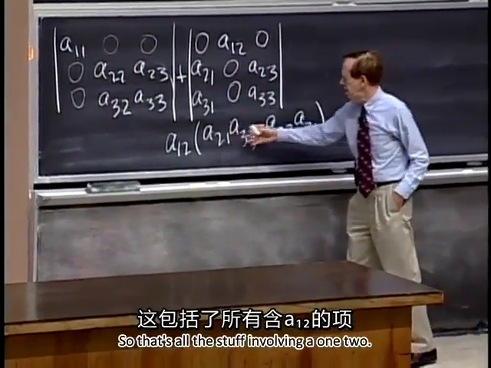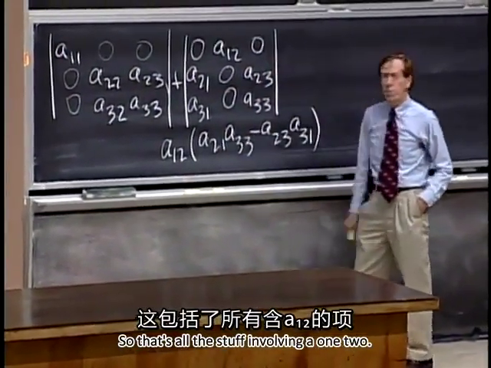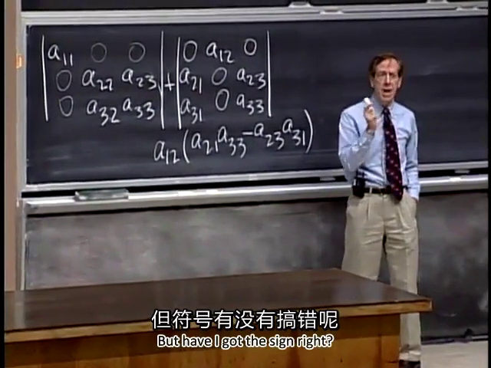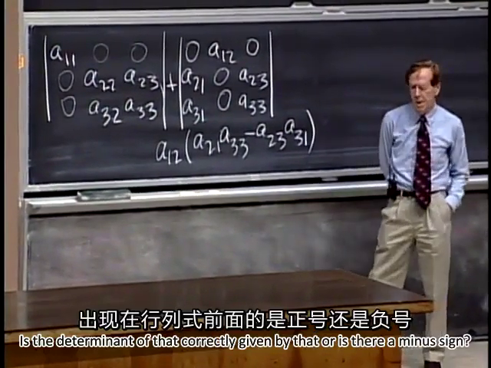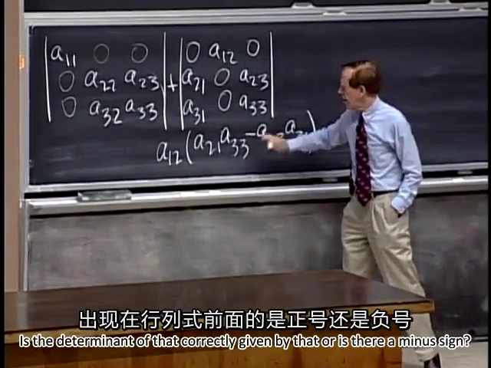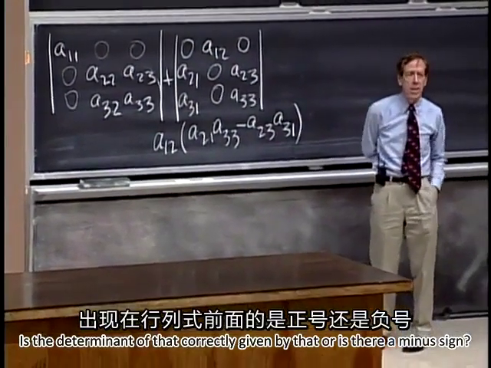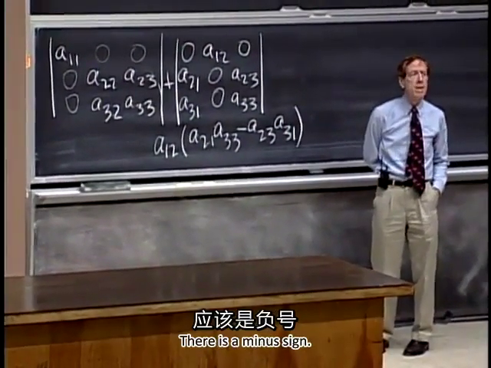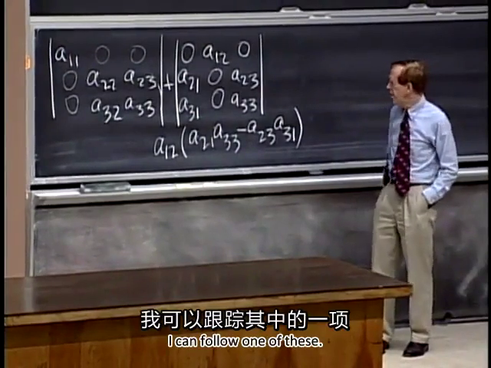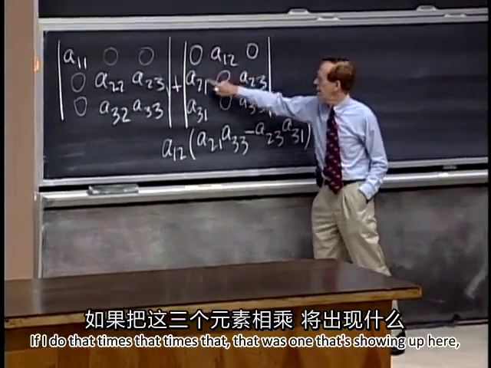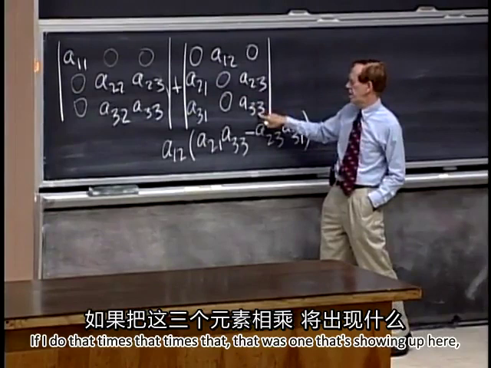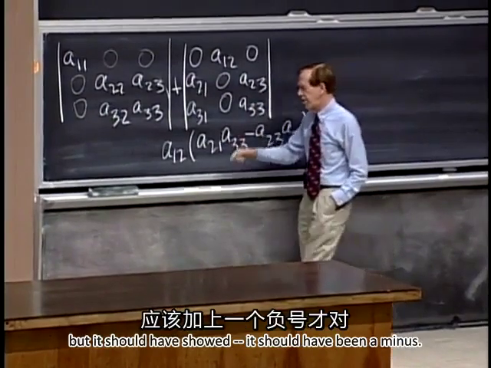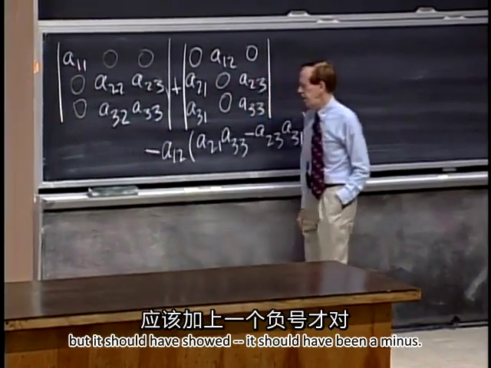So that's all the stuff involving A12, but have I got the sign right? Is the determinant of that correctly given by that, or is there a minus sign? There is a minus sign. If I do that times that times that, that was one that's showing up here, but it should have been a minus.